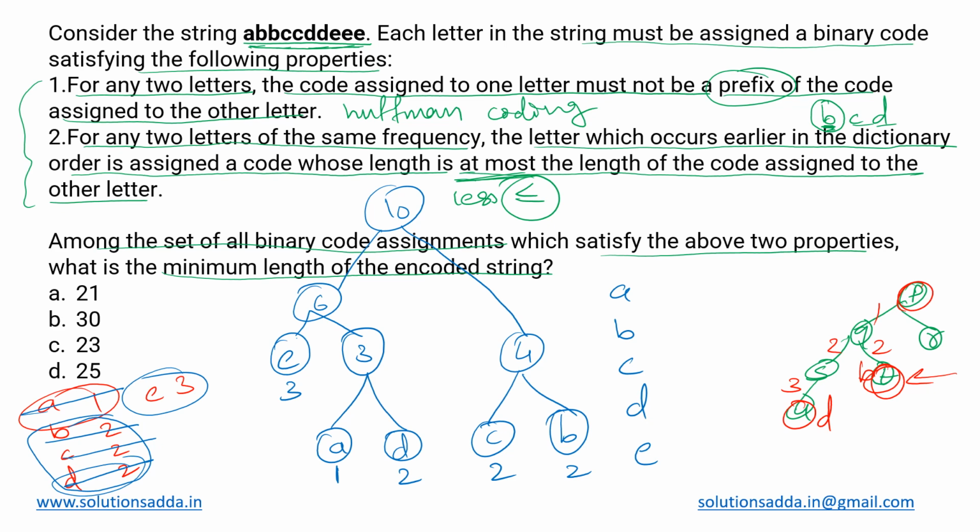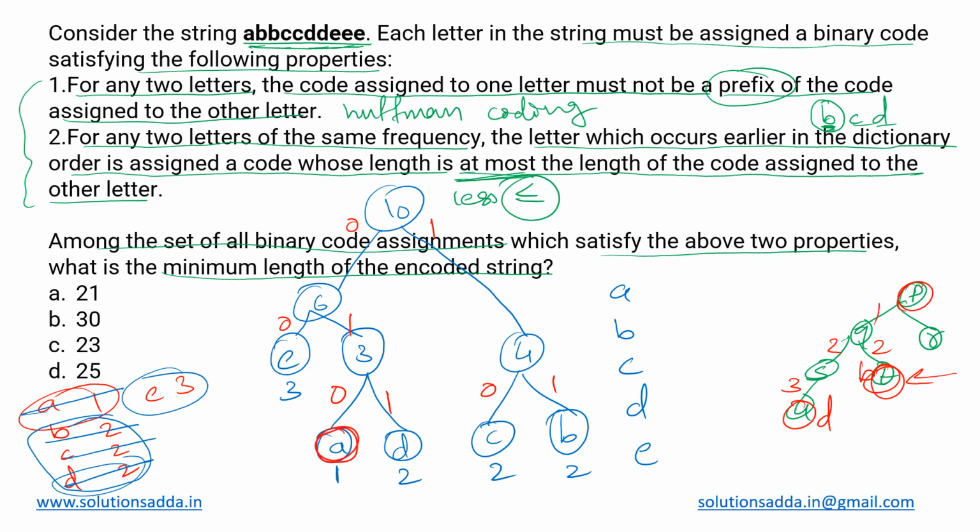So we can go with 0 on the left and 1 on the right, or we can also go vice versa. We are not actually concerned with what encodings they are getting, we are concerned with the length of the encoding they have. So let us go with 0 1 notation. We can also go the other way around. So with this, A is over here. What is its encoding?